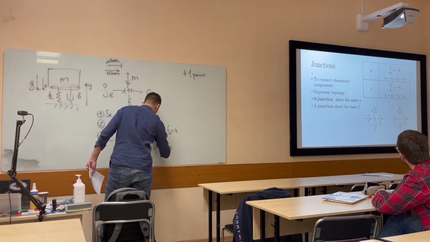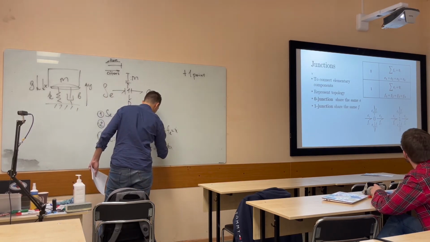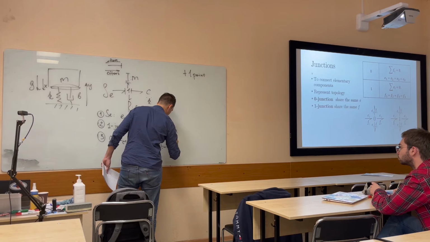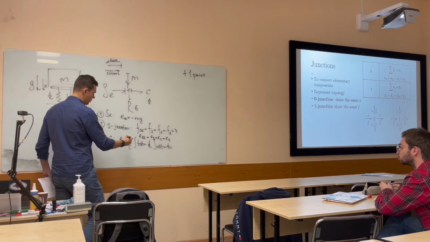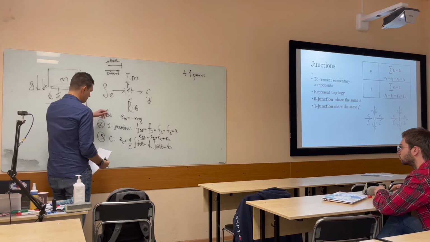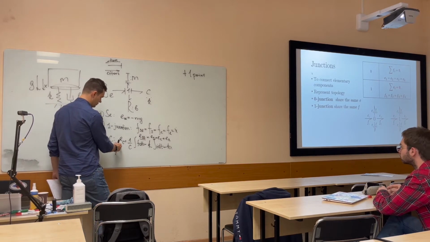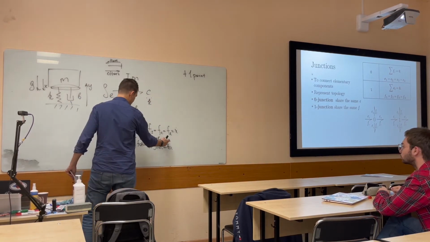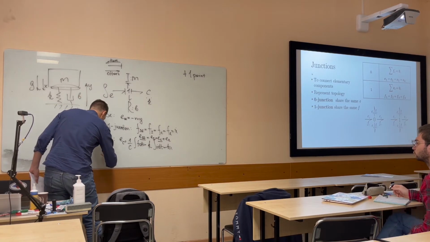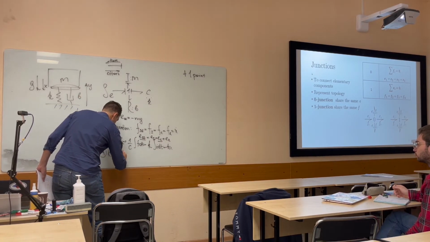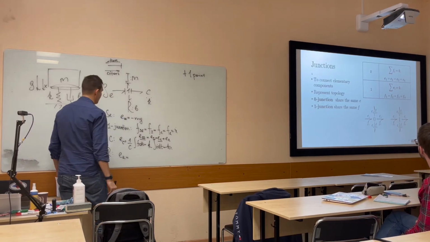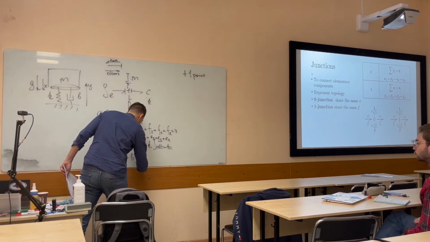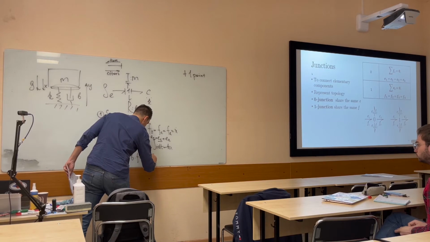So it will be effort of I element plus effort of C element plus effort of R element. We know SE. We know now effort of C element. We can also calculate effort of R element, so it will be the damping coefficient multiplied with the flow, so B times x dot.